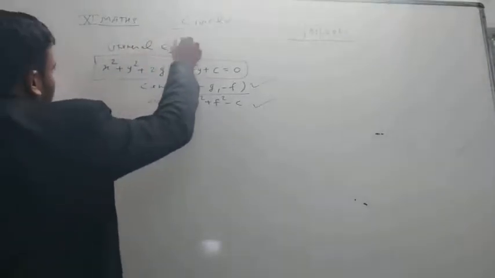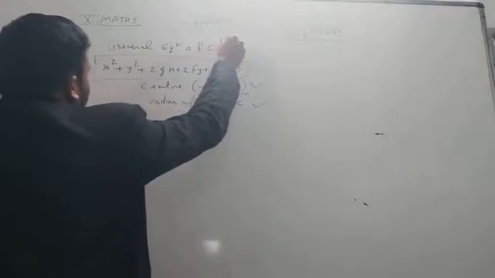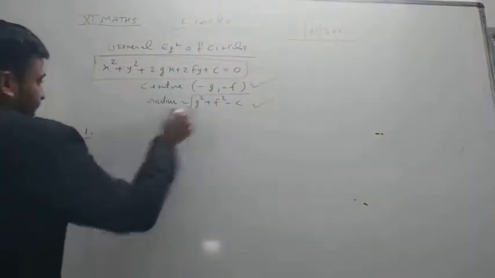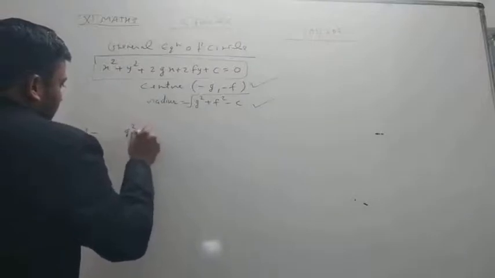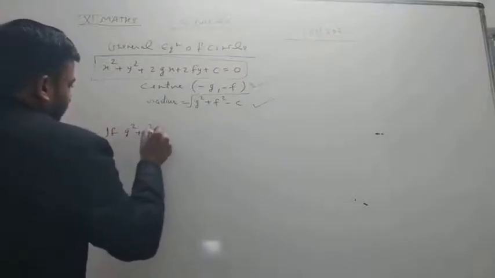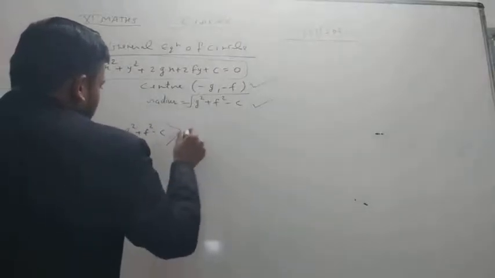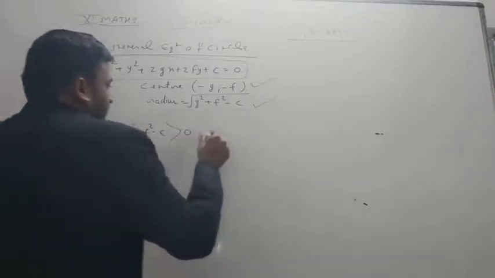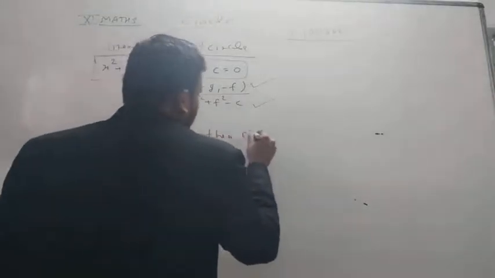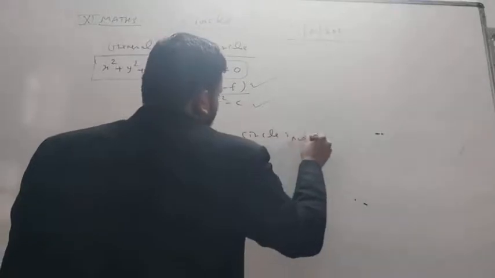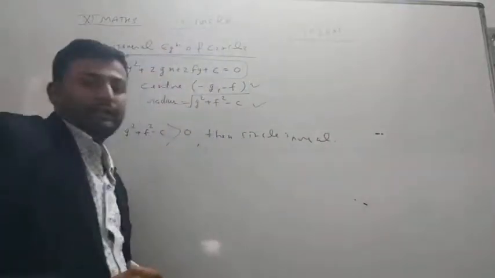general equation of circle. Okay student, now if this g square plus f square minus c is greater than 0, then our circle is called real circle.